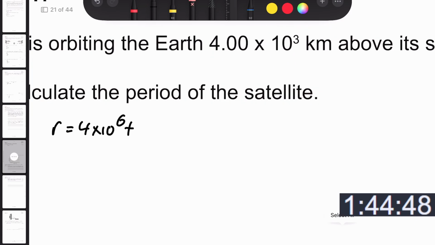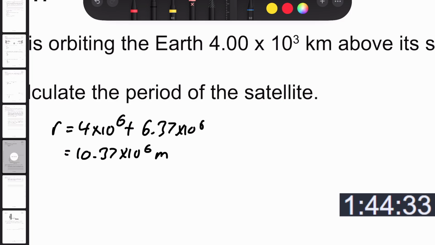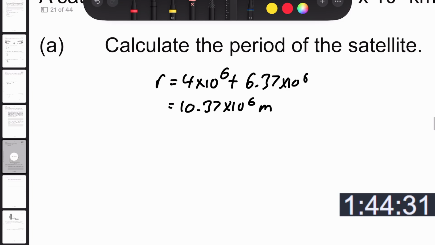Radius of the Earth is 6.37 times 10 to the power of 6, which is going to be equal to 10.37 times 10 to the power of 6 meters. We know that T squared over r cubed is going to be equal to 4π² over GM.